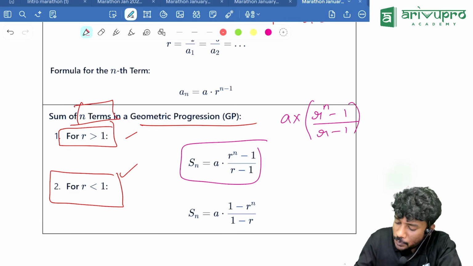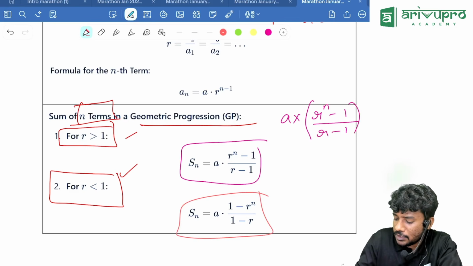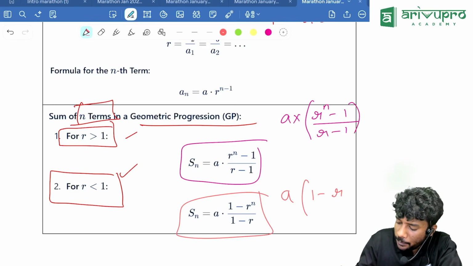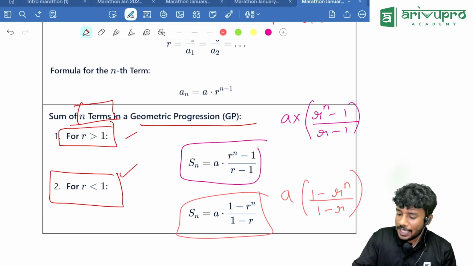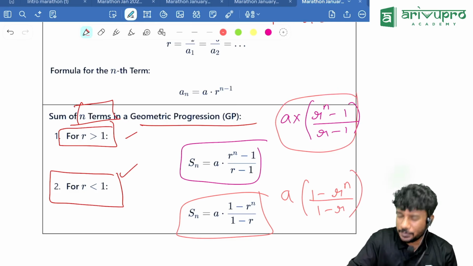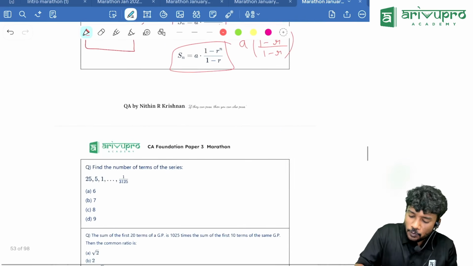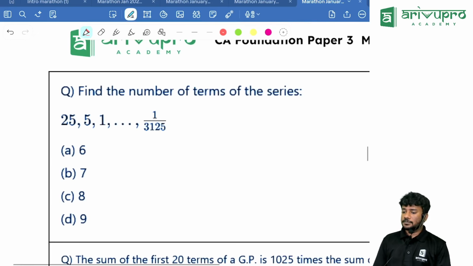When R is less than 1, the formula is A into 1 minus R raised to n, divided by 1 minus R. These are the two formulas of Sn, and usually we will go with this formula because the questions will be with respect to that.